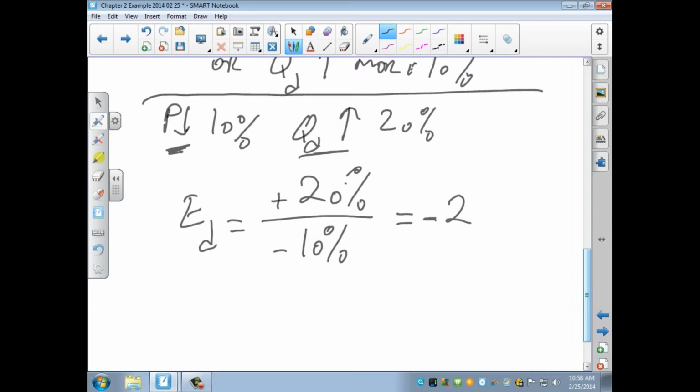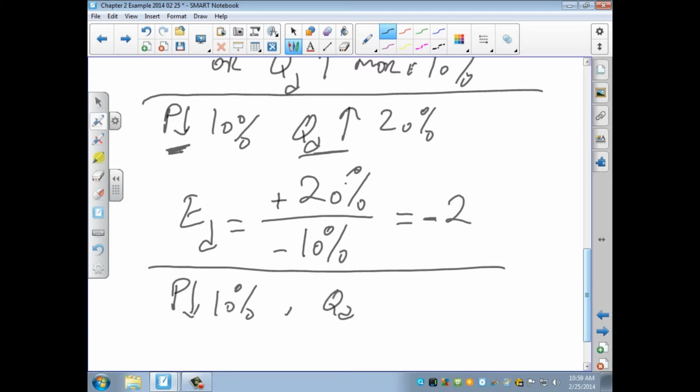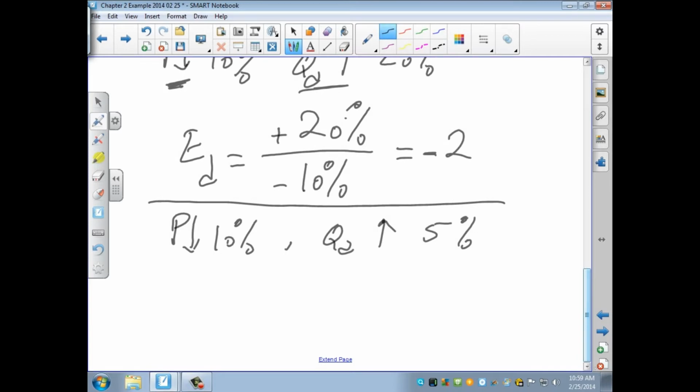Of course, another scenario, if price goes down by 10%, then quantity demanded goes up by only 5%. In that case, the elasticity would be equal to 5% divided by minus 10%, which would be equal to minus 1/2.